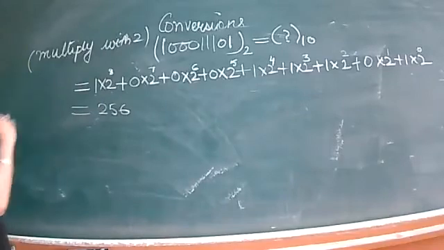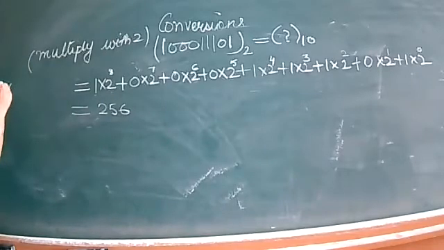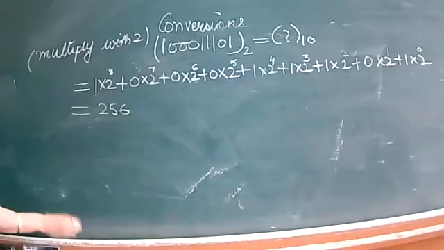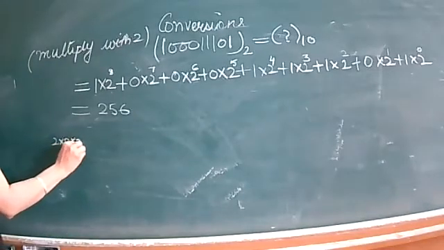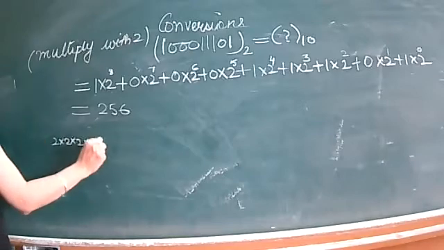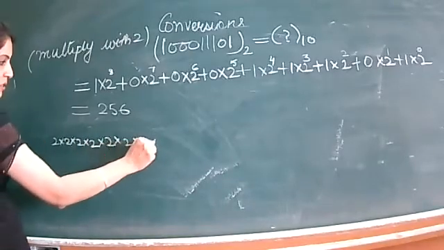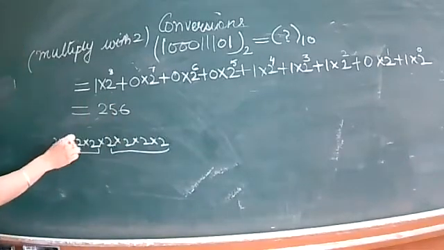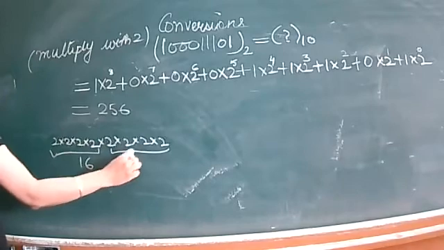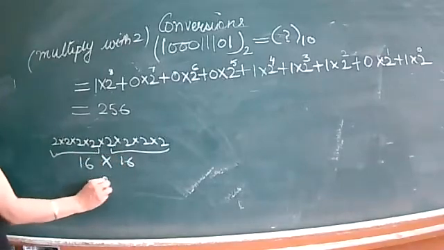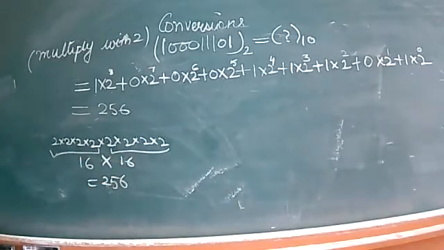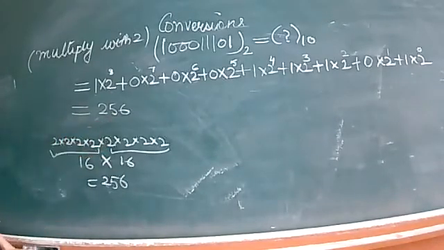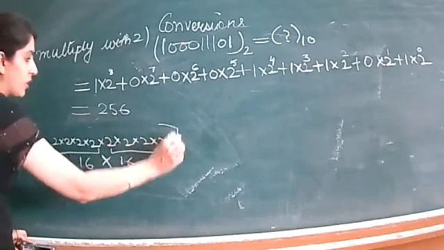How did it come? We multiply 2 eight times: 2 into 2 into 2 into 2, 8 times. 2 to the 4, 4 to the 8, 8 to the 16. So 16 into 16 is equivalent to 256. Okay? You understood how 256 came? So this is your rough work.